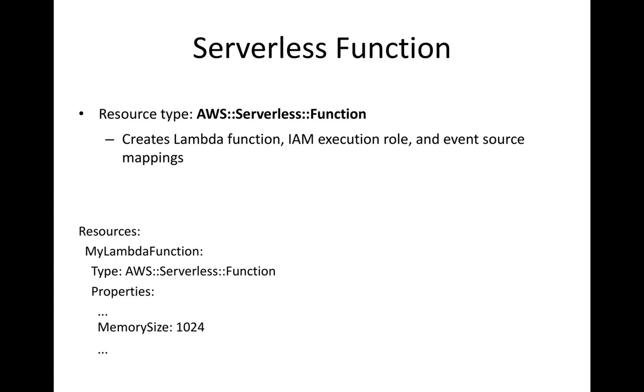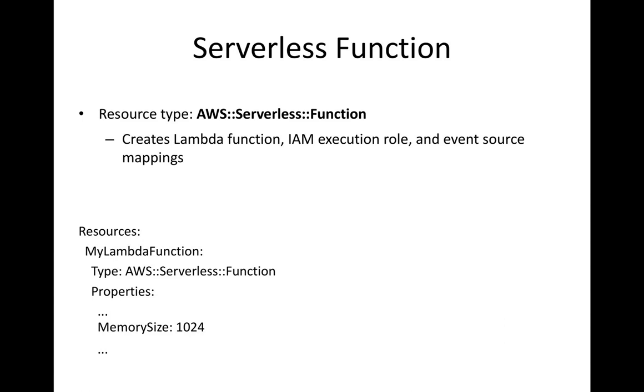So if you look at the set of CloudFormation resources that are available, you'll see a Lambda function resource, but that resource is different from this one. This serverless function resource is basically automating many different configuration components with respect to the Lambda function. In particular, it's letting you set up things like the event source mapping for the Lambda function.